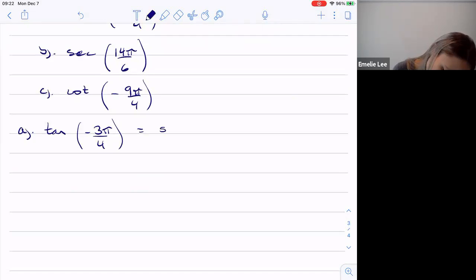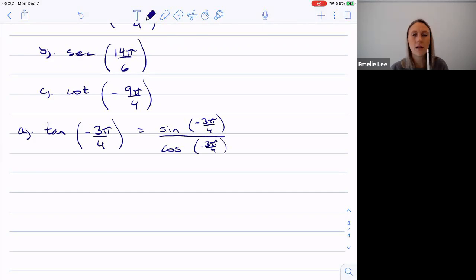So this is the same as the sine of negative 3 pi over 4 over the cosine of negative 3 pi over 4. Notice that I'm using this angle twice, once in sine and once in cosine. Because it's one angle, I'm just using the y coordinate over the x coordinate of that terminal point.